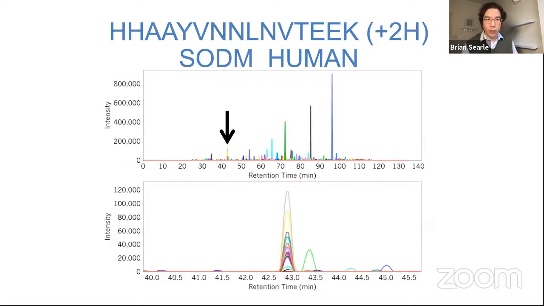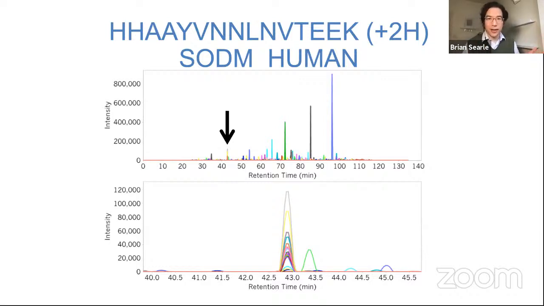Even if you sum up these signals, they're going to be less than the most abundant signals, but there are a lot of signals all coming out at the same time. Because all these fragment ions trace together, we can be pretty confident that this peptide is here. Now, this looks like a great example.